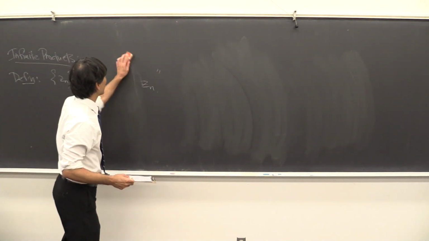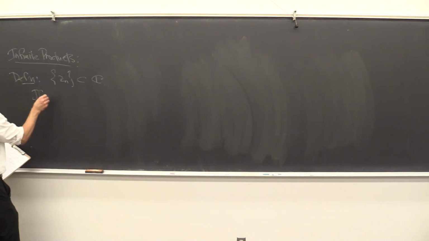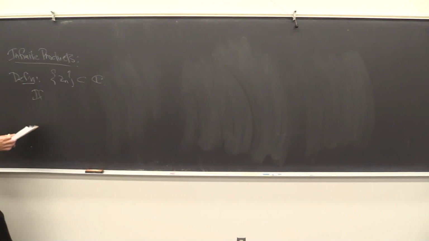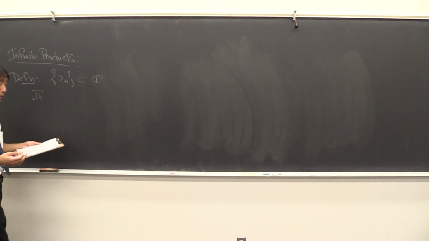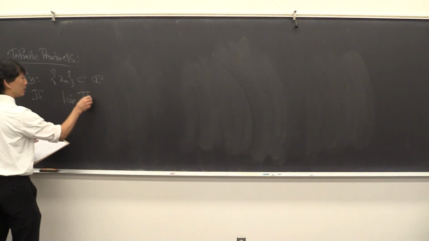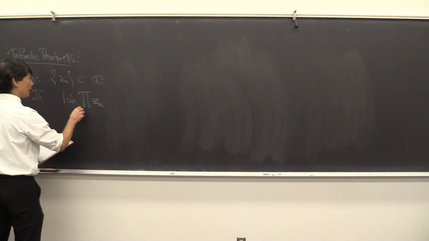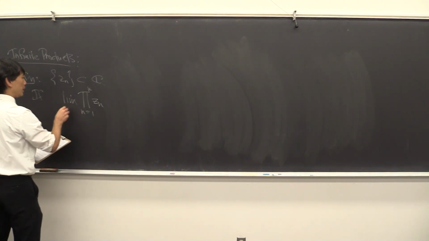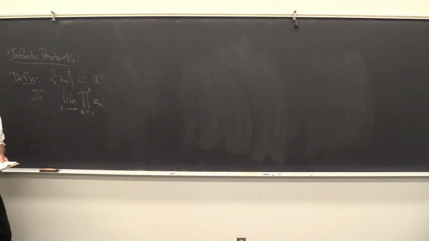So the way that Stein does it, he does it in the way that you would probably naturally do it, coming out of a calculus 2 class or something. You'd say, well, look, let's look at the partial products, right, from n equals 1 to k, and then let k go to infinity, right?